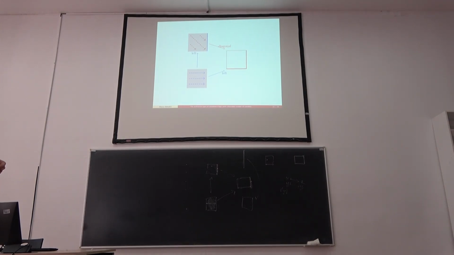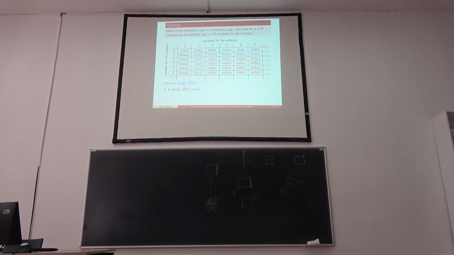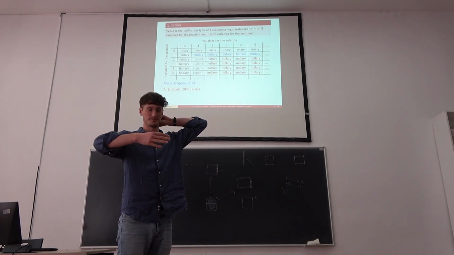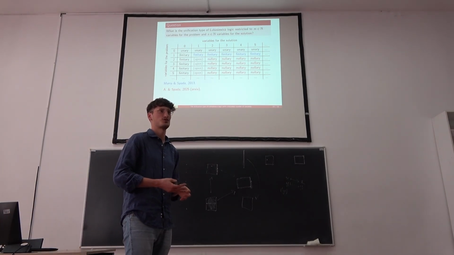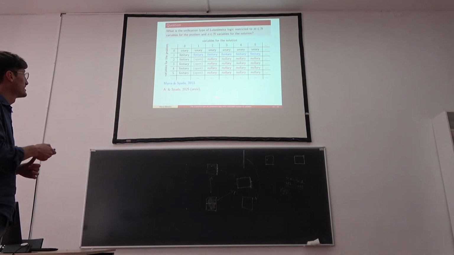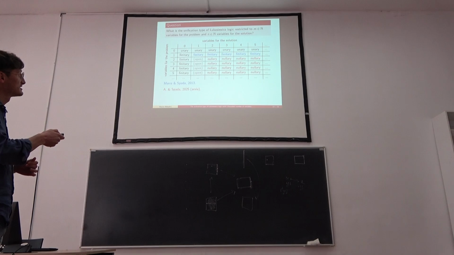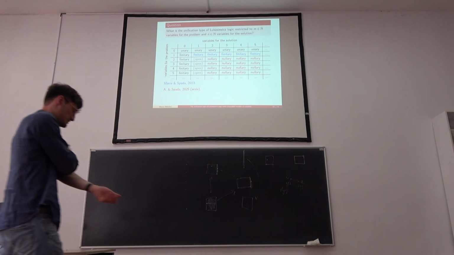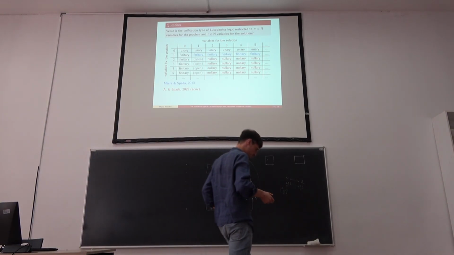Okay, so just to sum up, the question was what is the unification type of Lukasiewicz logic restricted to m variables for the problem and n for the solution, and we filled all these pieces for m greater or equal than 2 and n greater or equal than 2.